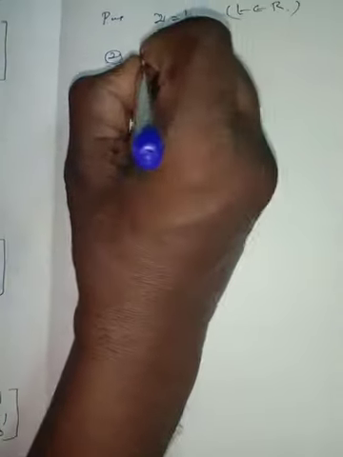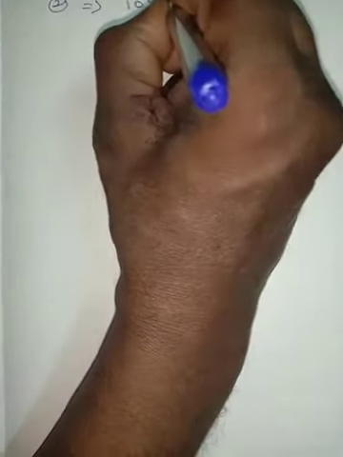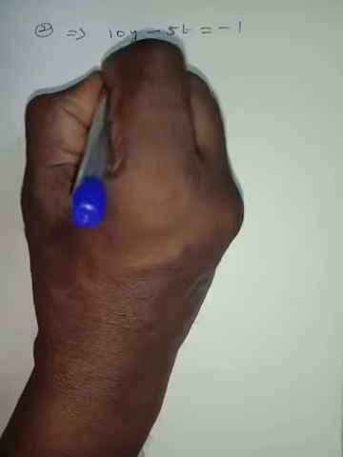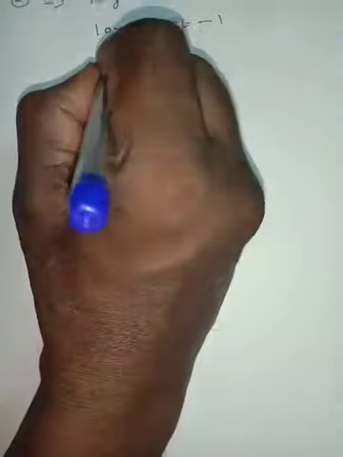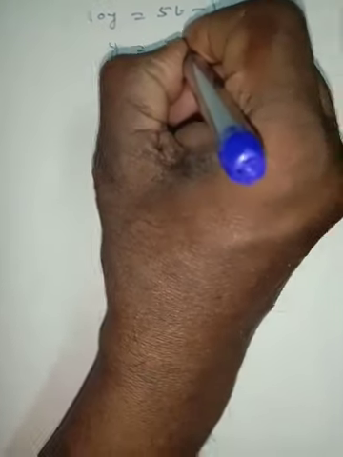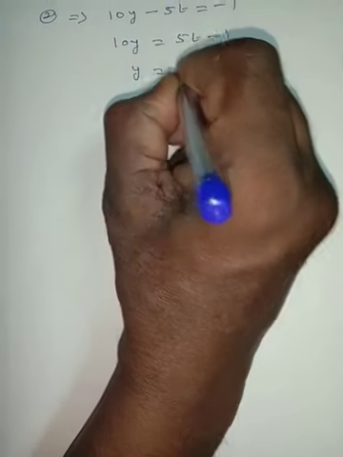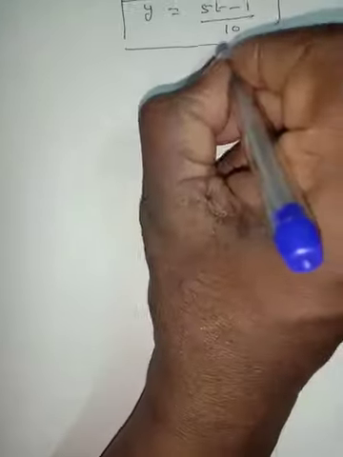So equation number 2 becomes 10y minus 5t is equal to minus 1. 10y is equal to 5t minus 1. y is equal to 5t minus 1 divided by 10.